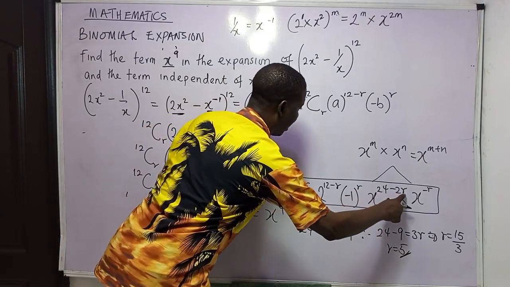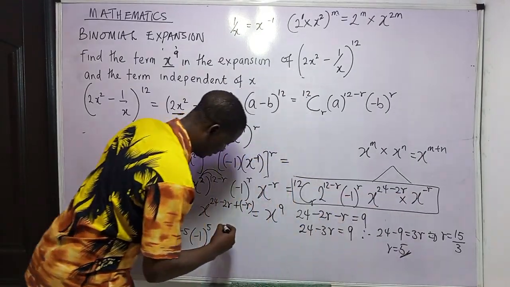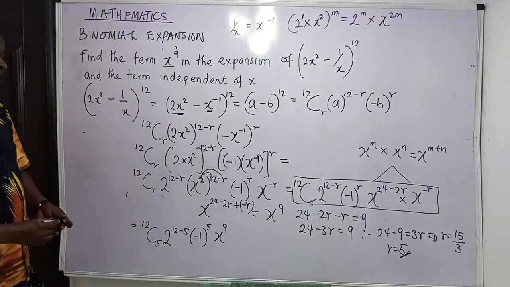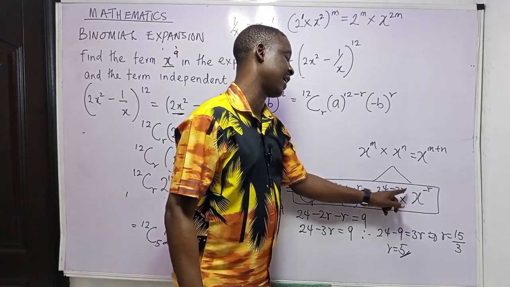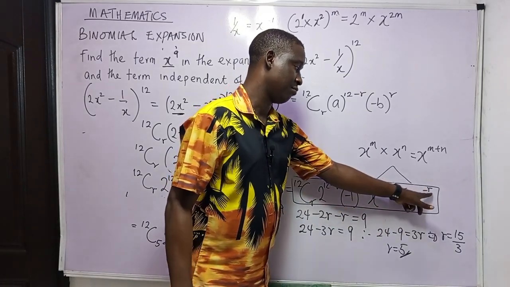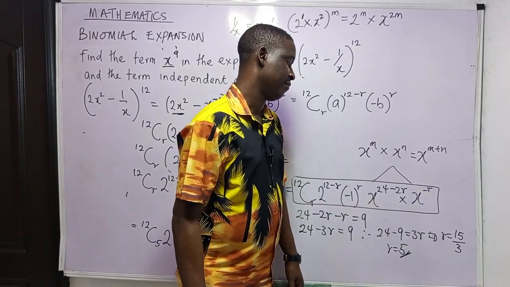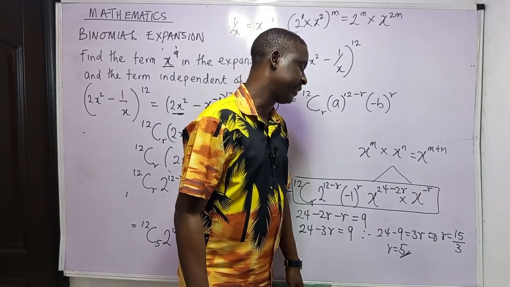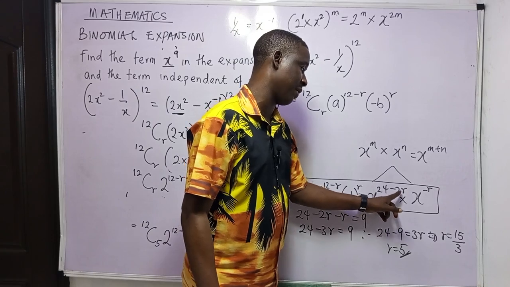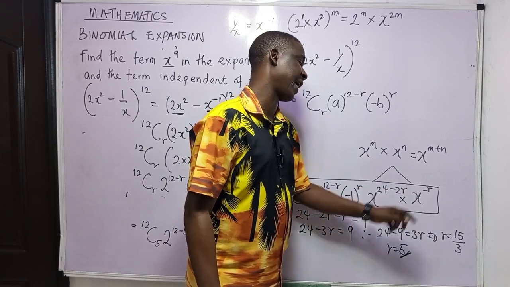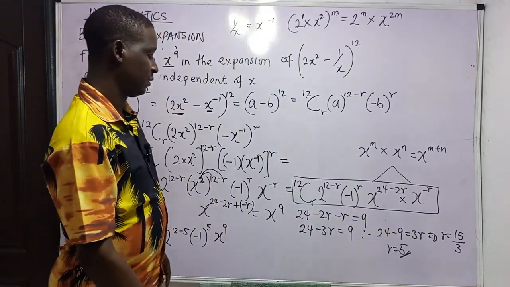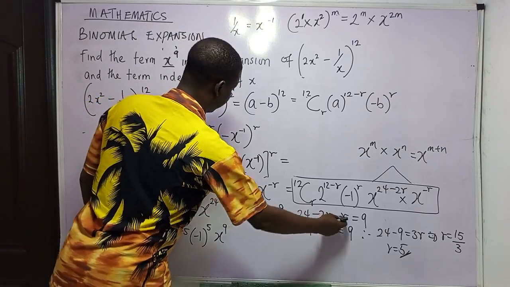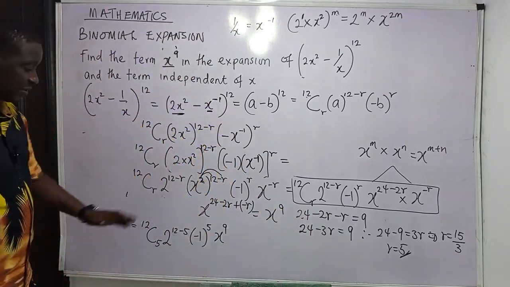If you put r equal to 5 here, you still have 9. You can try it. 2 times 5 is 10, minus 5 here, making 15. So 24 minus 15 gives us 9. So that is just that.